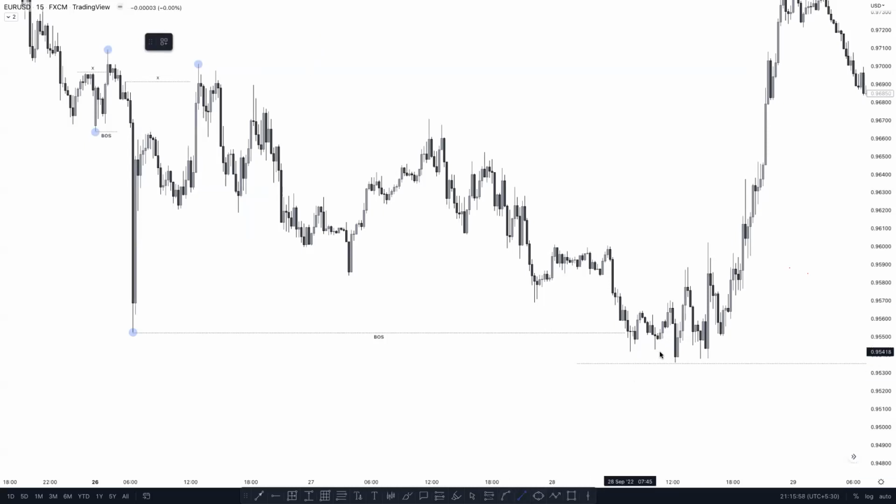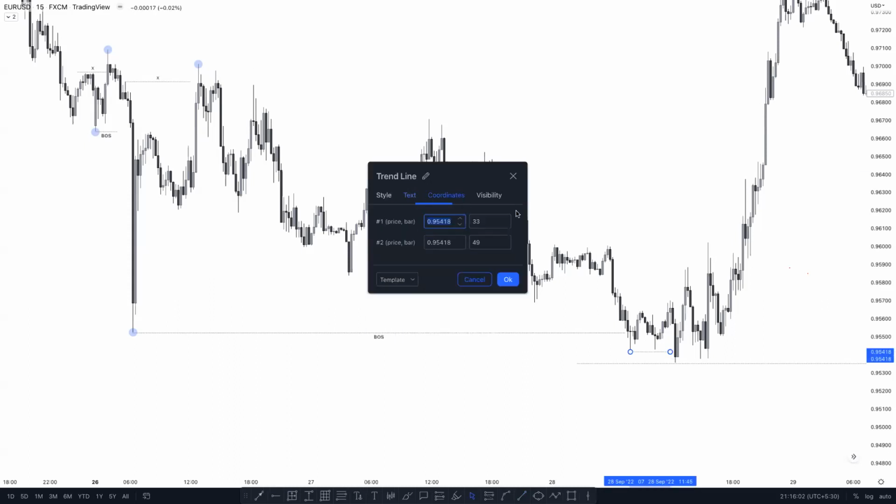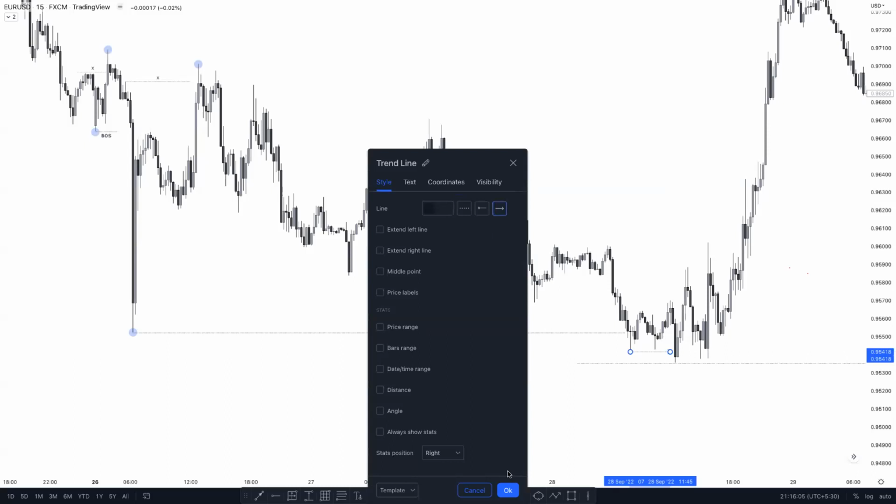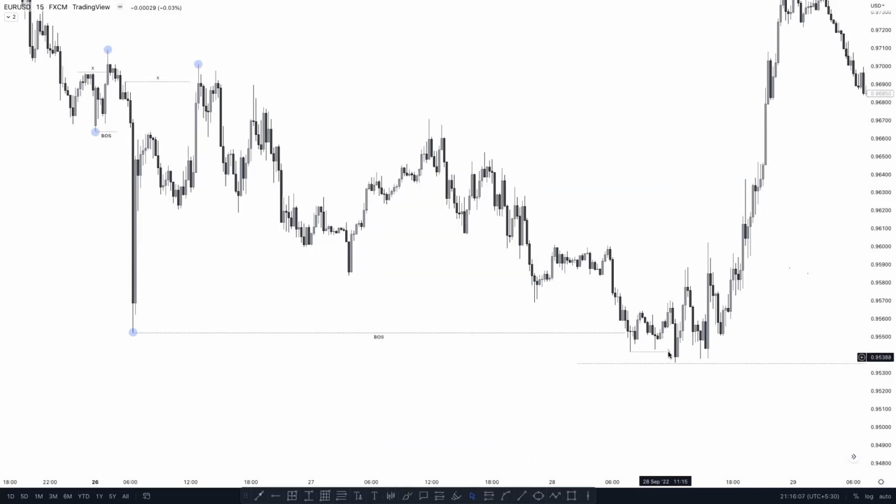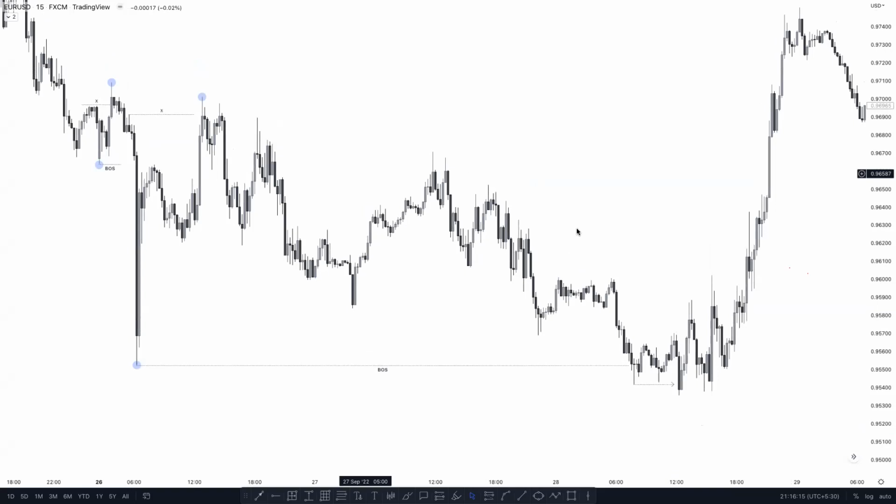So like this. Our structure is confirmed here at this point. So after confirming this low, where is our inducement and where is our range?